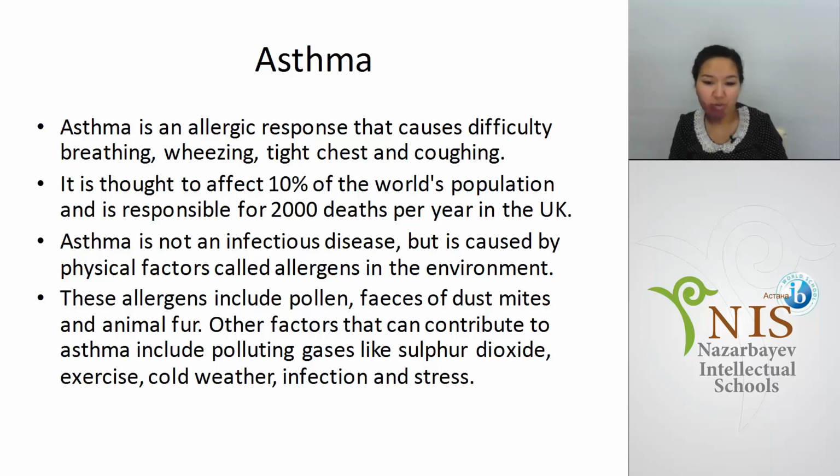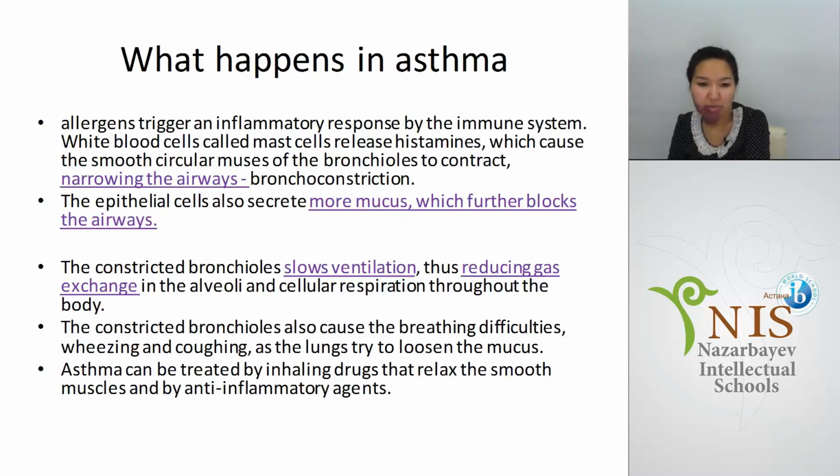These allergens include pollen, feces of dust mites, and animal fur. Other factors that can contribute to asthma include polluting gases like sulfur dioxide, exercise, cold weather, infection, and stress. These things can cause asthma.